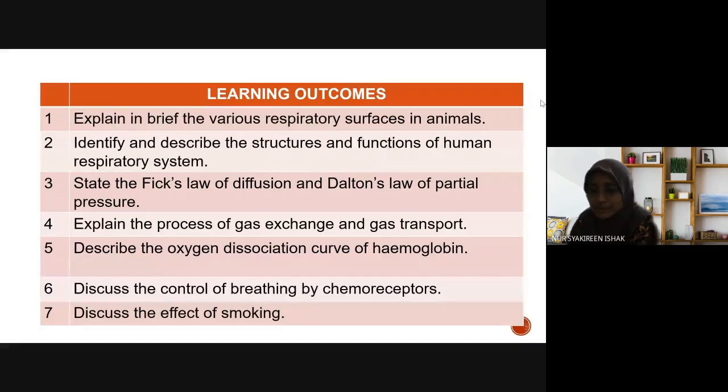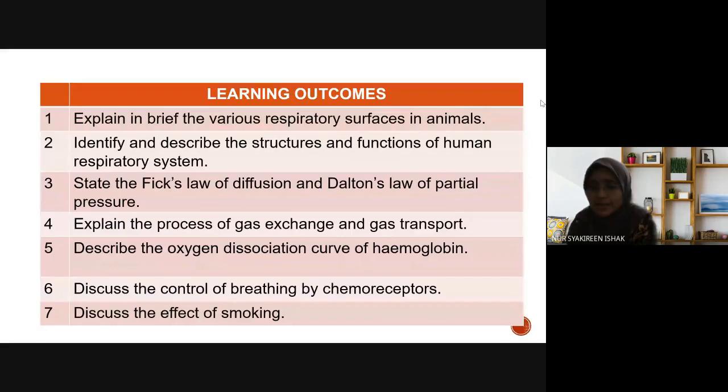The blood capillaries bring, for example, oxygen rich blood. The short distance between the blood capillaries and the alveolus causes the rate of gas exchange to occur really fast.